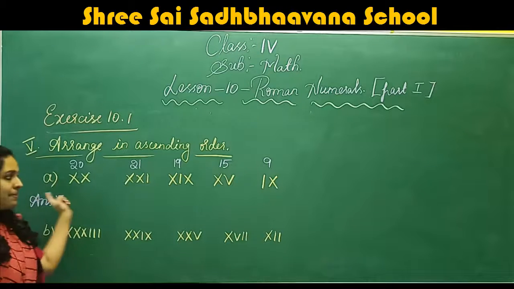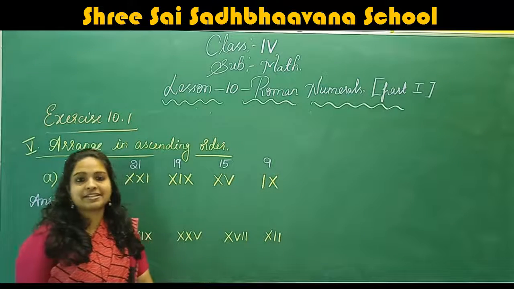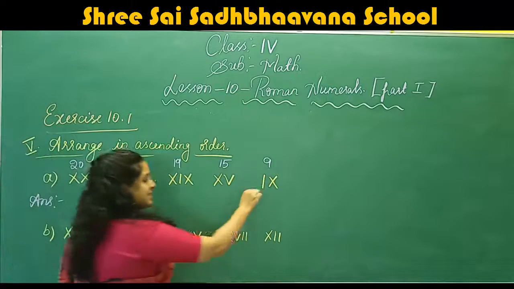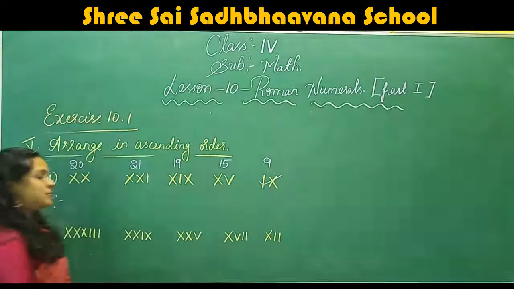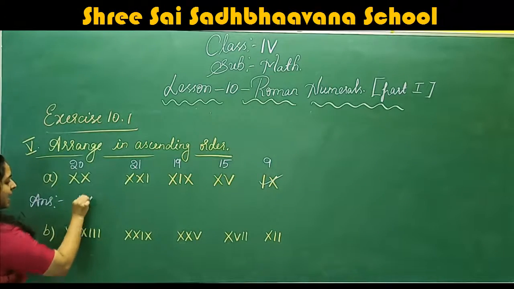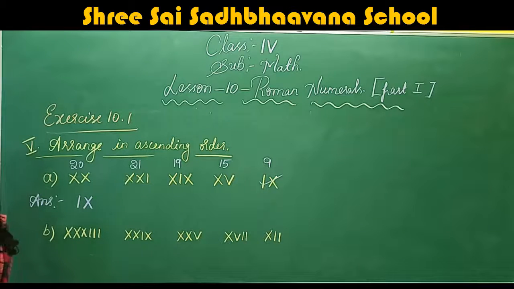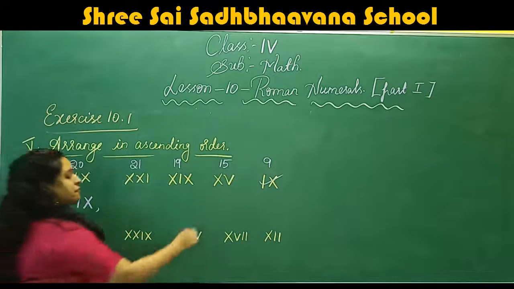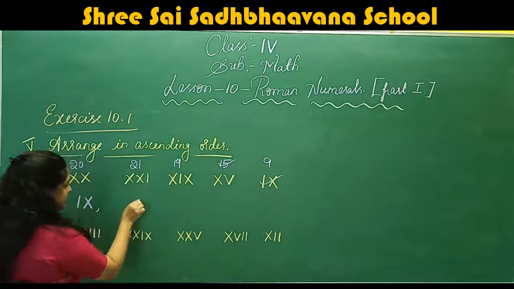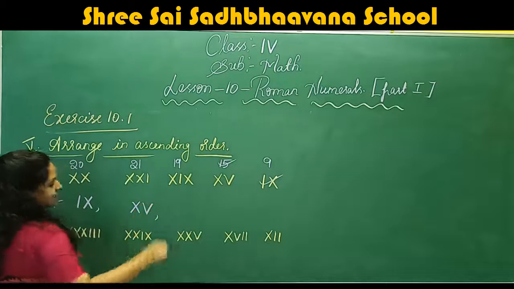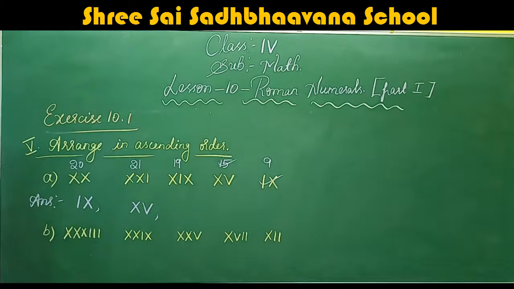So now let us write the answer. In these numbers, you tell me now which is the smallest number, children? 9 is the smallest number. So now let us write IX first. Okay? Yes. After that, which is the next smallest number I have to write? 15. Here 15 is there. So let me write 15. Okay? Yes.